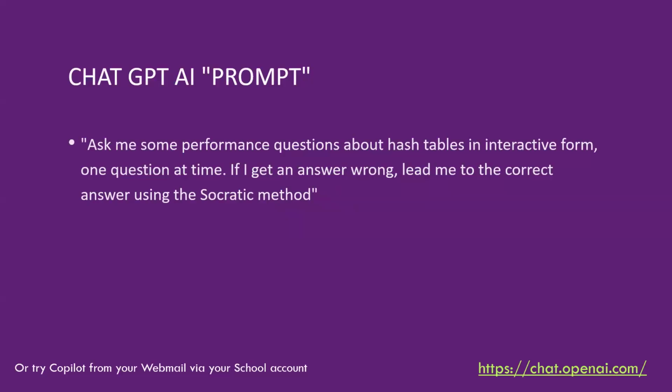If you want to just in general up your understanding and acuity around the area of hash tables, do something like this. I've been trying out both ChatGPT and Copilot. So we all have access to Copilot through Outlook. If you go to your webmail inside of your College of Marin portal, you can click on Copilot and then open it up into full screen mode, and you have a full AI chat there.